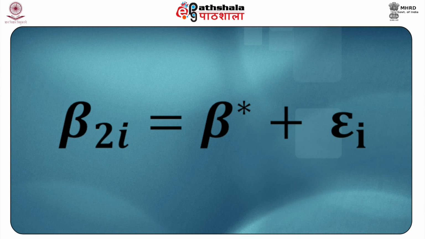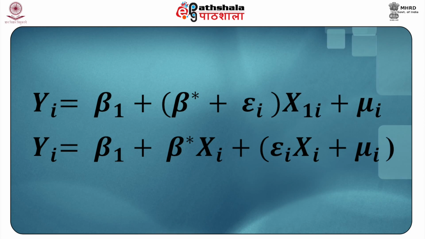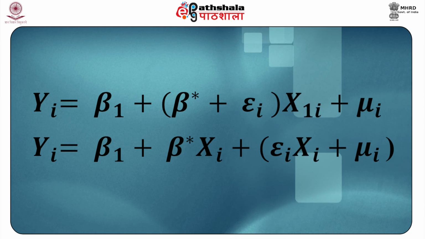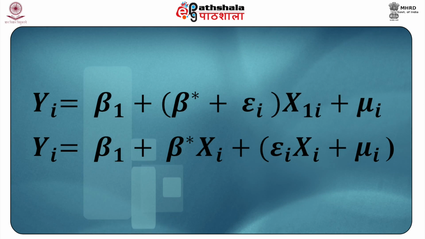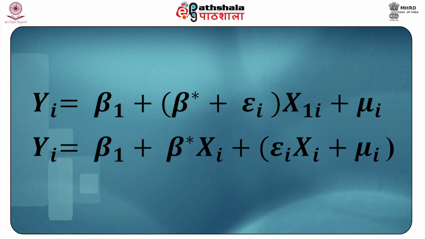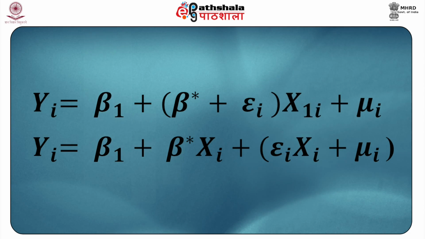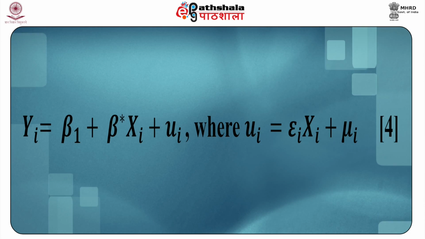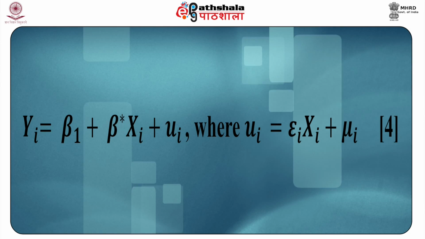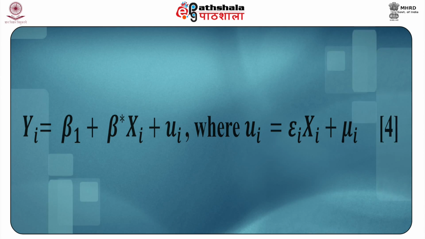Then we can say beta 2i is equal to beta star plus epsilon i, or yi is equal to beta 1 plus (beta star plus epsilon i) times xi plus mu i, or yi is equal to beta 1 plus beta star xi plus epsilon i xi plus mu i, or yi is equal to beta 1 plus beta star xi plus mu i star, where mu i star is now equal to epsilon i xi plus mu i.